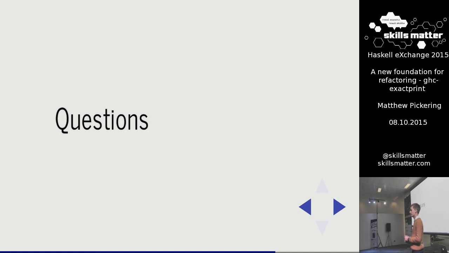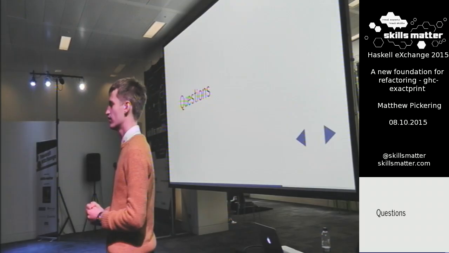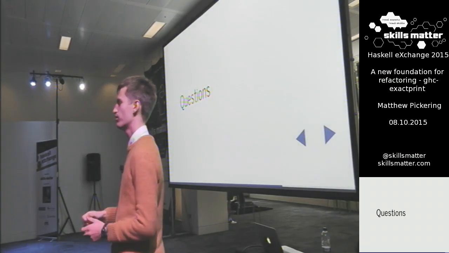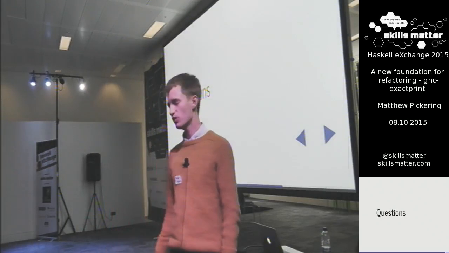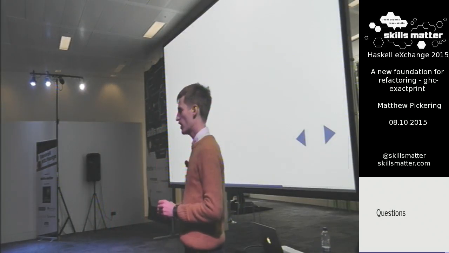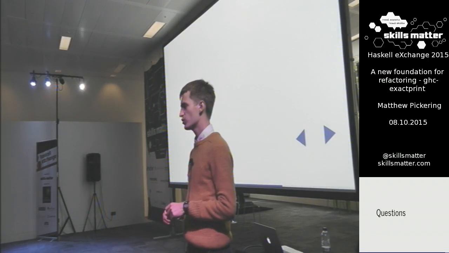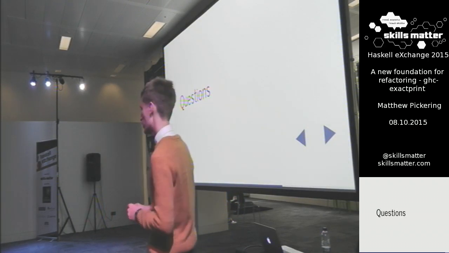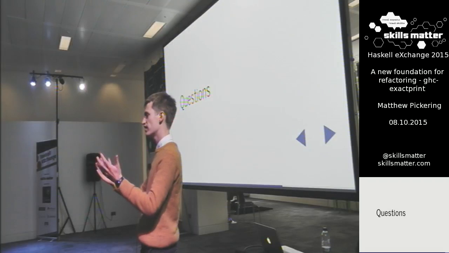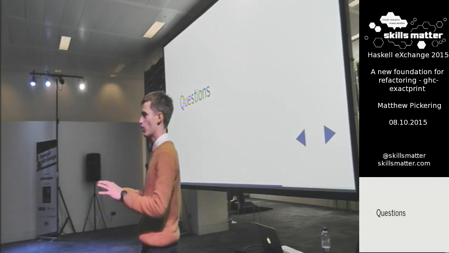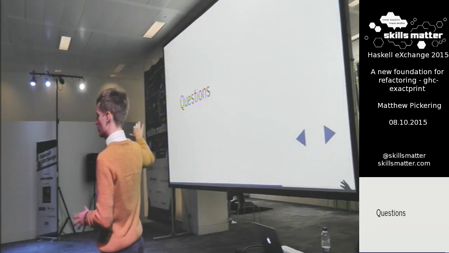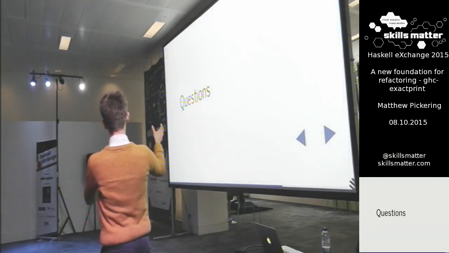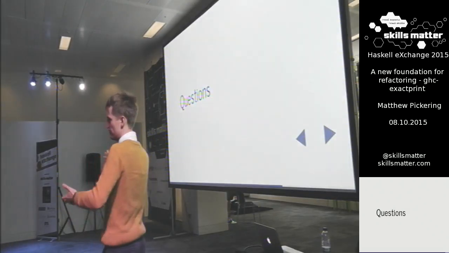Simon? So one of the things you haven't made a lot of stress on, which I think has worked out rather well, is this idea that for the locations of the keywords, instead... Yes, so I thought about this a bit, and the real problem is deciding where you reassociate comments with. So we have quite a naive rule at the moment where we associate the comment with the immediately following syntax element, whatever that is. So sometimes that doesn't work too well if we have a comment at the end of a line, because it will be associated with the next declaration.